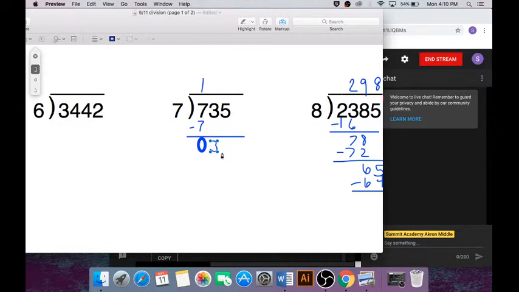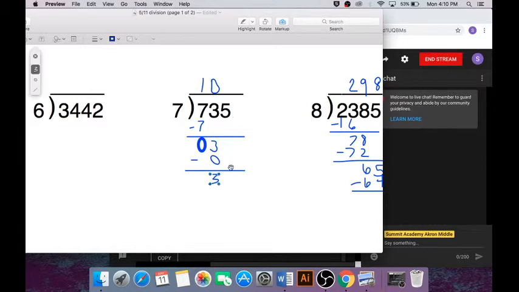Now this is kind of tricky because now we're only left with 3 and we can't make 7 go into 3. So we're going to put a 0 up here because 7 times 0 is the biggest number we can multiply 7 by without going over 3. 7 times 0 is 0. So we're going to subtract 0 from 3, which is 3.